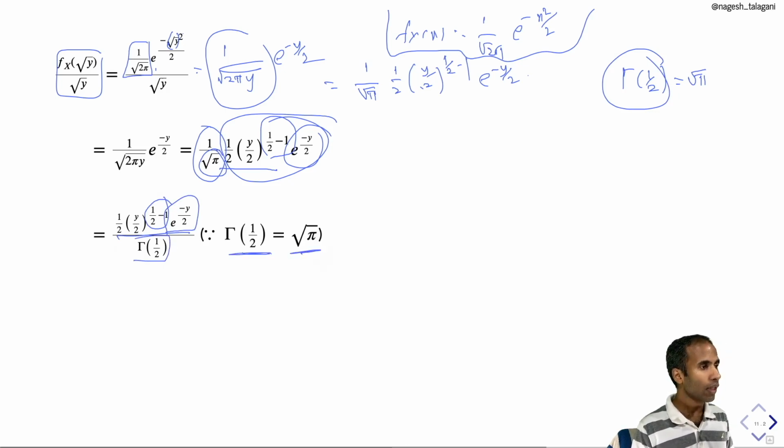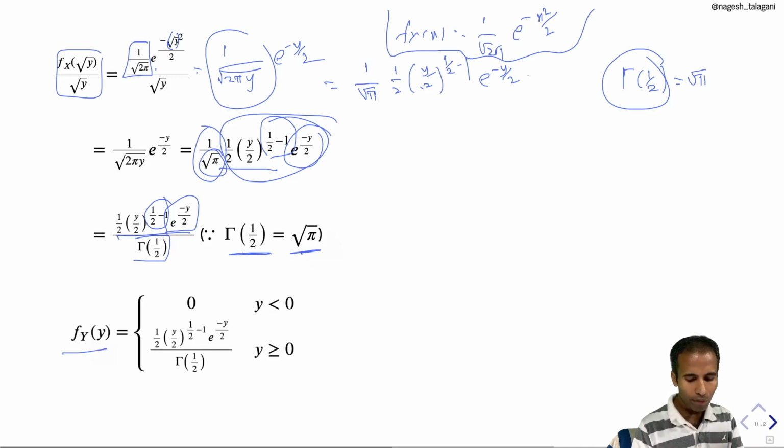Okay, so therefore our PDF of y is going to be what? f_Y(y) is 0 for y less than 0. When y is greater than or equal to 0, f_X(root y) by root y got simplified to this: 1 by 2, y by 2 power 1 by 2 minus 1, e power minus y by 2, by gamma of 1 by 2.